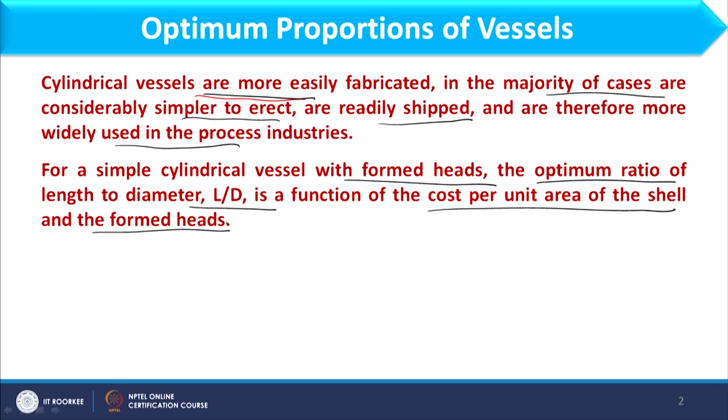So, as far as optimum proportion is concerned, we will optimize this ratio of L by D based on economy, and economy would be the cost involved for preparation of that vessel, and as far as components are concerned, we are considering the shell as well as formed heads. Okay. So, in this lecture we will demonstrate how to find out the optimum L by D ratio for a cylindrical vessel with formed head. In a similar line you can apply that for other geometry also.